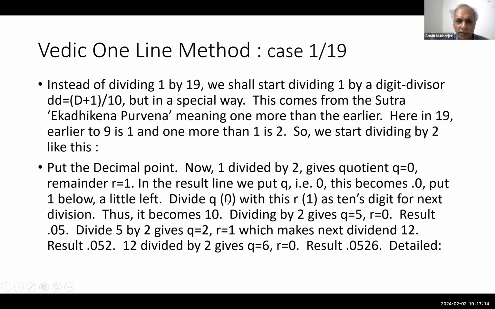So the quotient 0 is the digit, and in the next division we use this remainder as the tens digit, so it becomes 10. Dividing 10 by 2 gives 5.